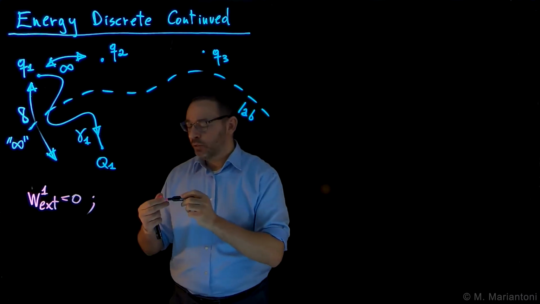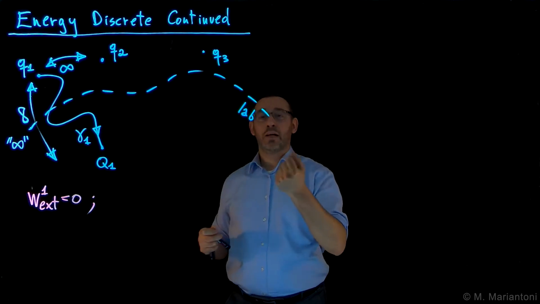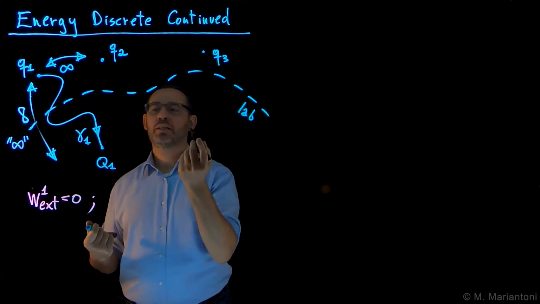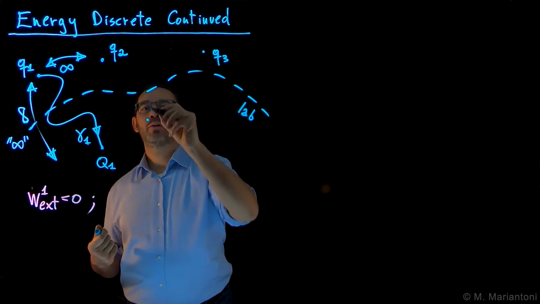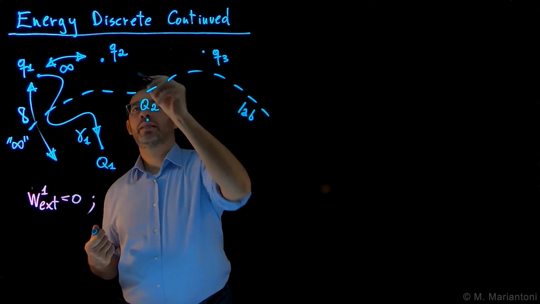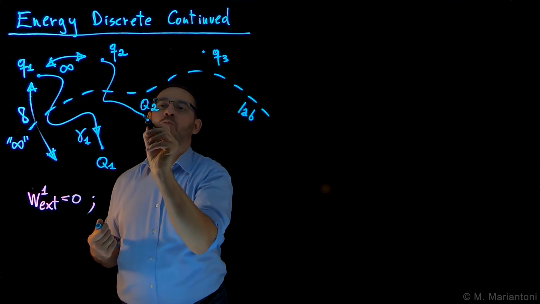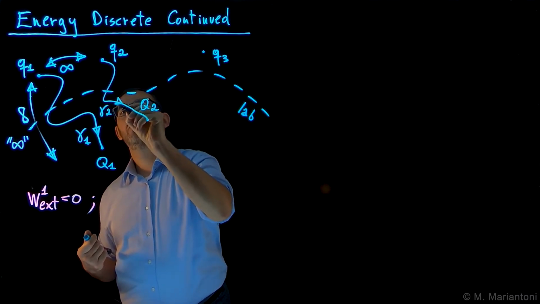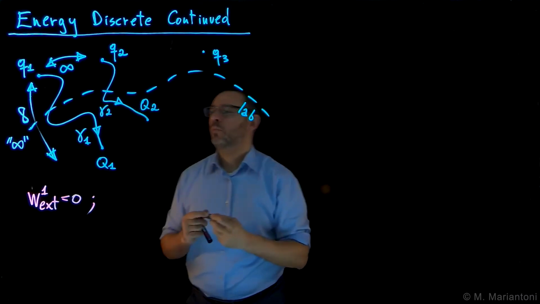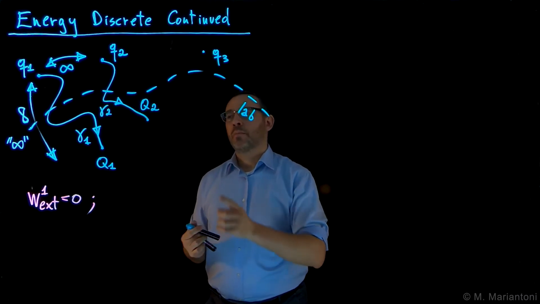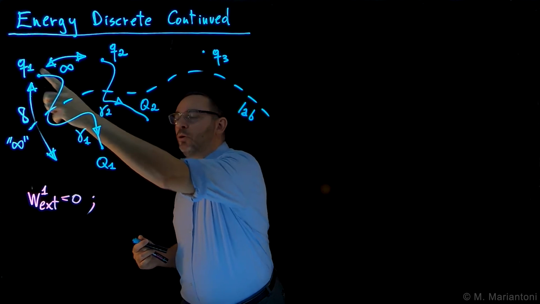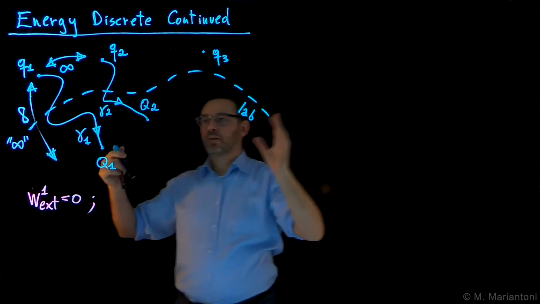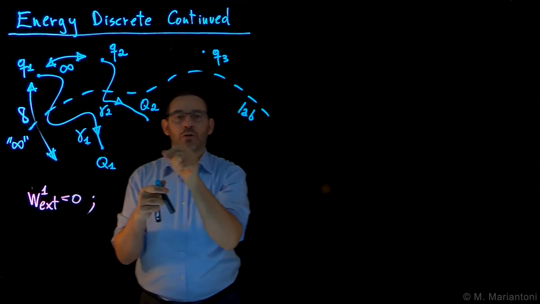Now, let us suppose to bring in our lab the particle q2 to a point capital Q2 in the lab, following any path we want. Let's say this path gamma 2. So in this case, the particle small q1, which is located already at point capital Q1, generates an electrostatic field which is felt by the particle q2.